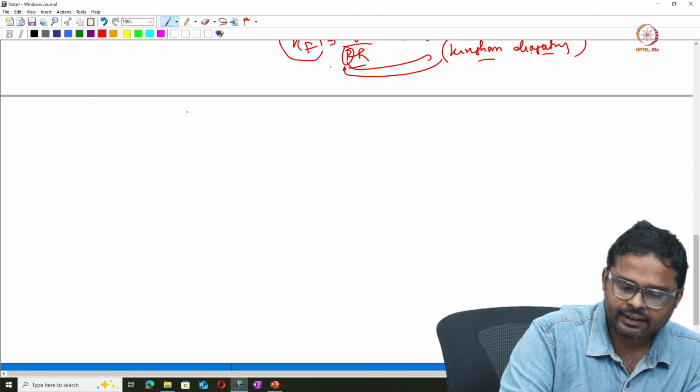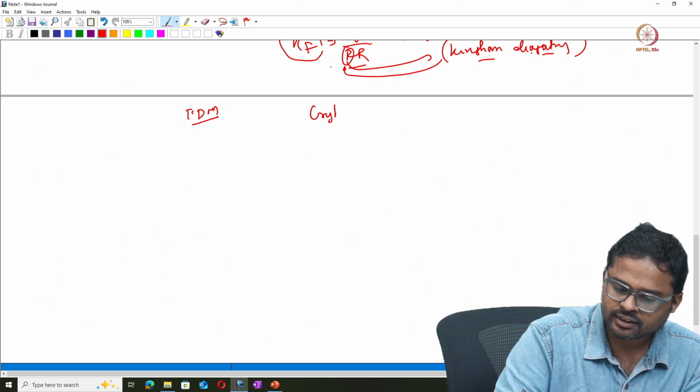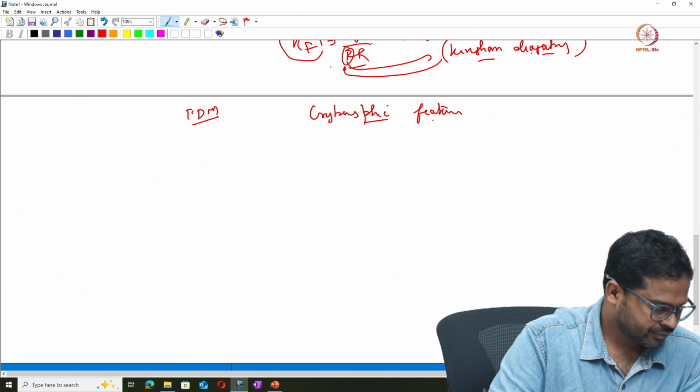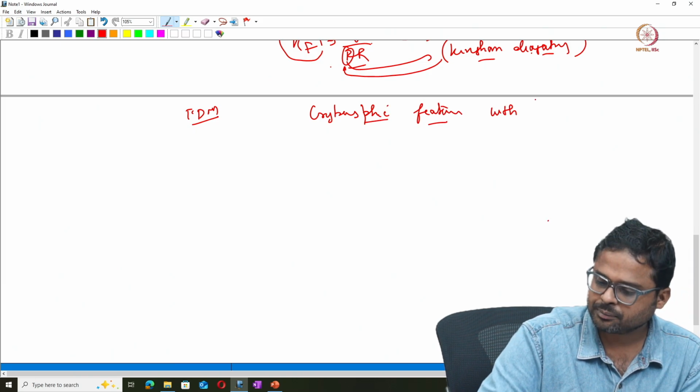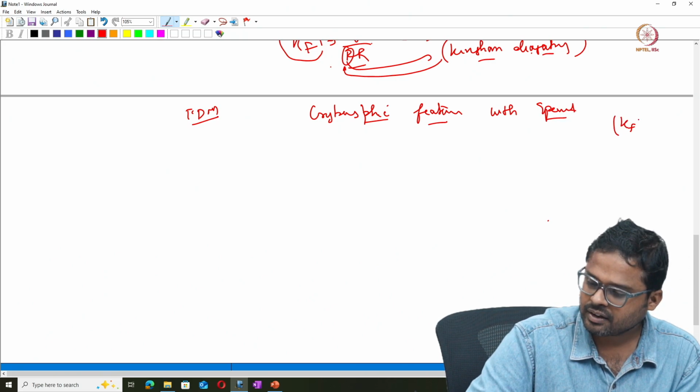Now, in FDM, or we can say atom probe tomography also, you can use the crystallographic features within the specimen to determine the kf.